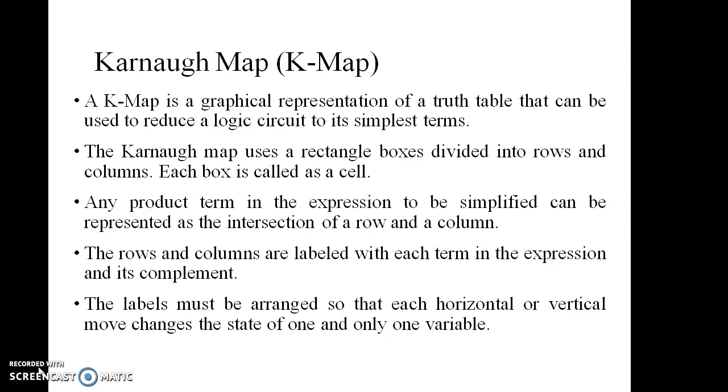Any product term in the expression to be simplified can be represented as the intersection of a row and a column. The rows and columns are labeled with each term in the expression and its complement. The labels must be arranged so that each horizontal or vertical move changes the state of one and only one variable.